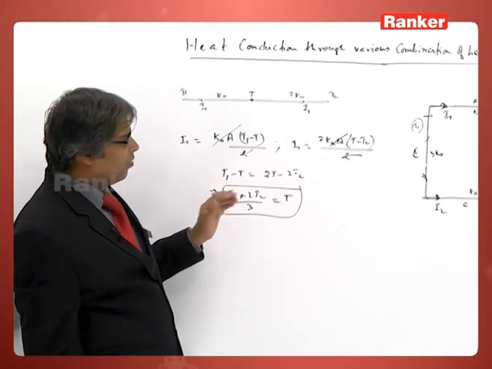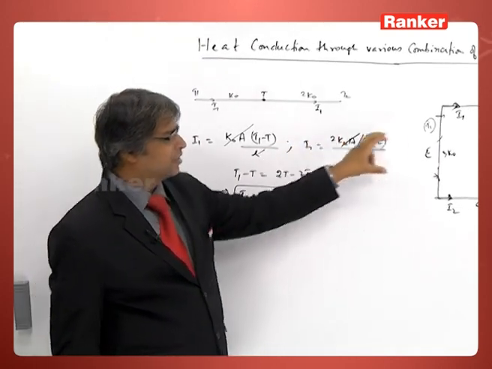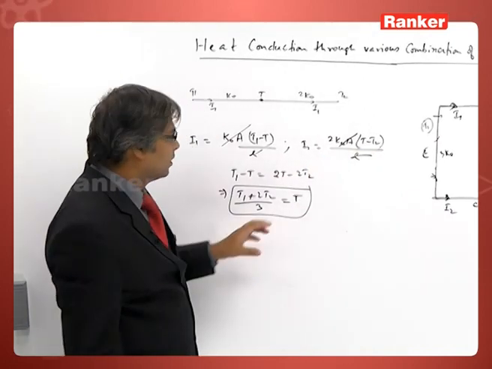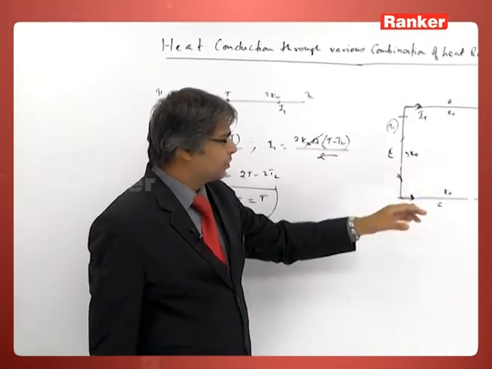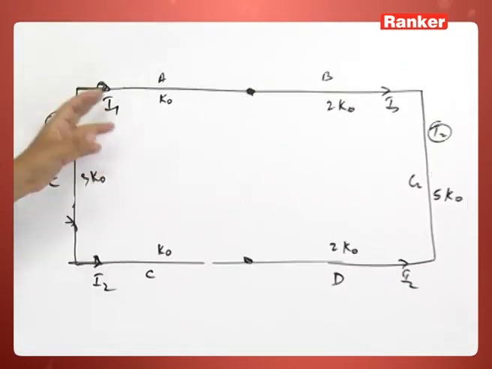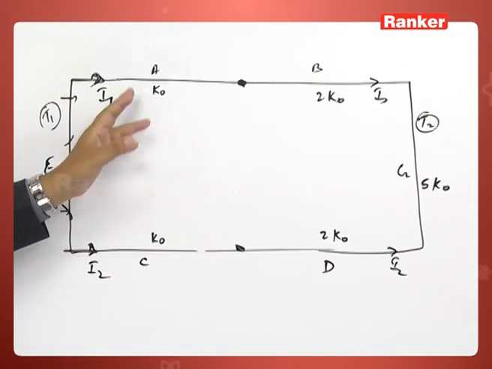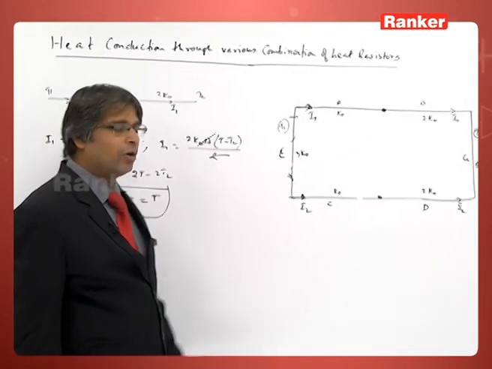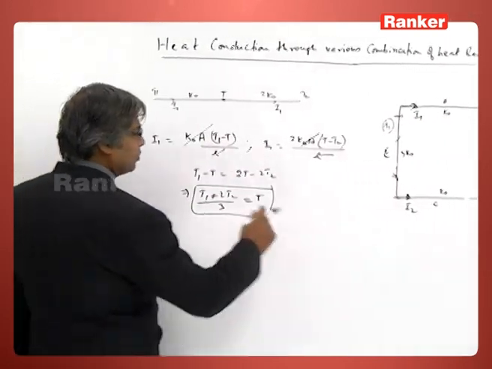Now, let us see what is the net heat transferred through the combination of these two. We can use directly the formula for heat in series and parallel combinations. So, let us use this.